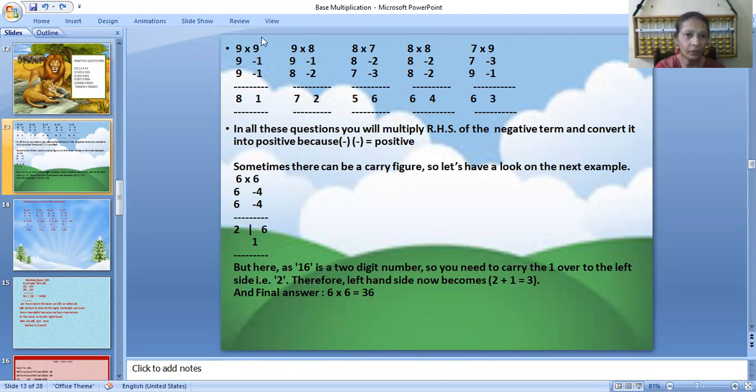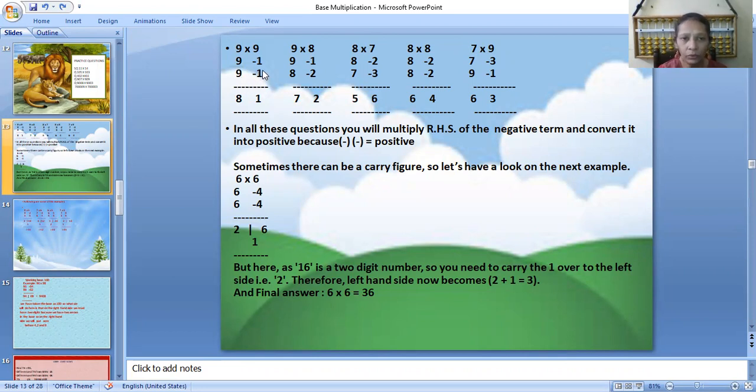Okay. Now let's start with the first question here, 9 multiplied by 9. Here you will do 9 minus 10, so 9 minus 10 will be equal to minus 1. Again, you have to look at this 9. This 9 minus 10 will also be equal to minus 1.